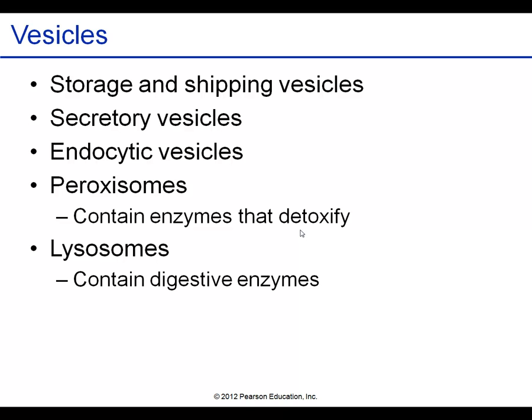That means they have a lot of free hydrogen ions, and that lowers the pH. So the lysosomes are very similar to your stomach. They will digest and destroy targets, and those targets can be from the outside, but also targets from within the cell, mitochondria that got old or whatnot.